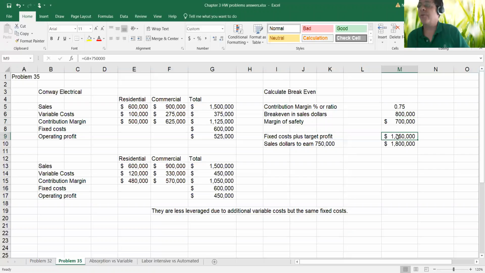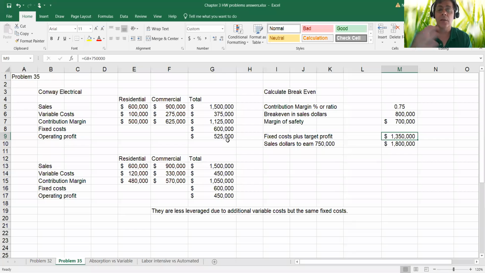Then they want to know what we need to do if we want to make 750,000. See, our base case, we only made 525. What if we wanted to increase that to 750? Then we add that to the fixed cost of 600, and we get 1,350,000.